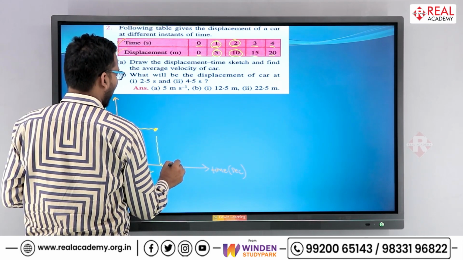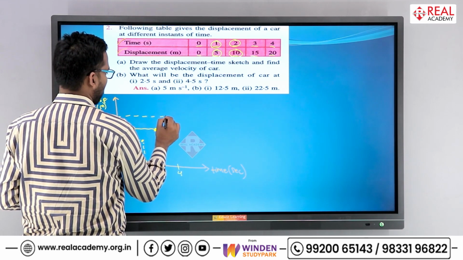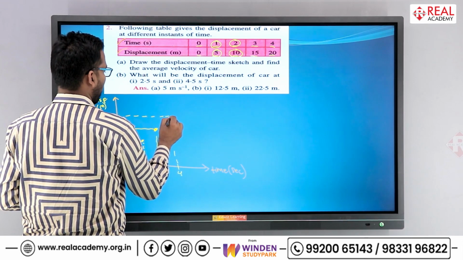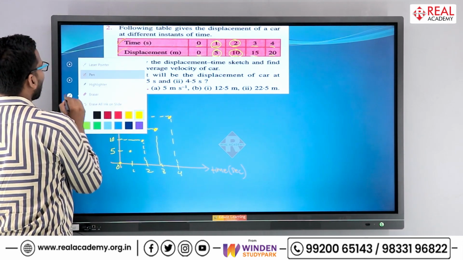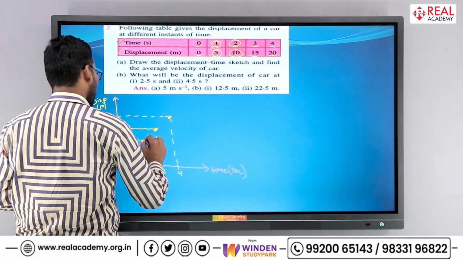For 4 seconds, the displacement is 20, right? And if you draw a straight line, it will go like this.